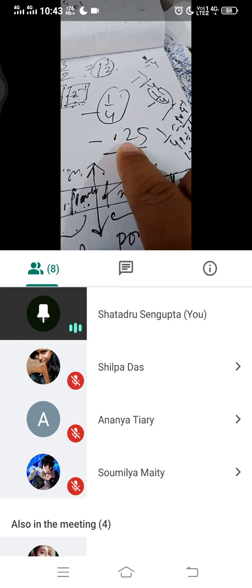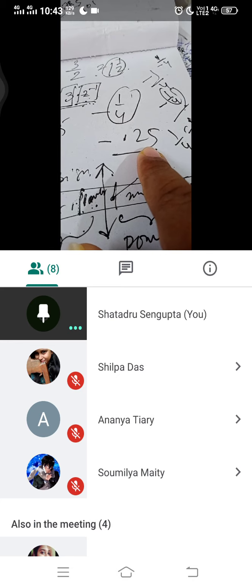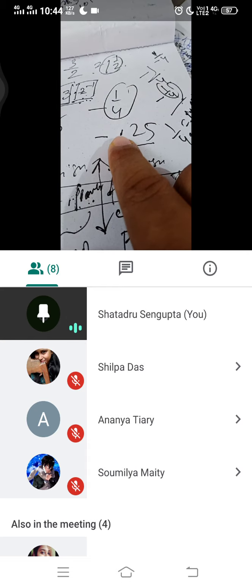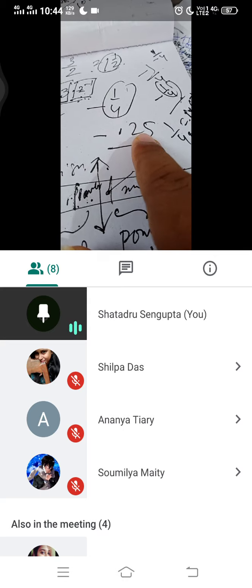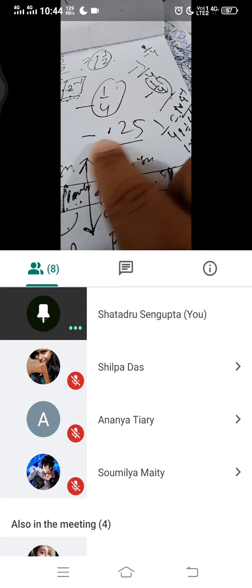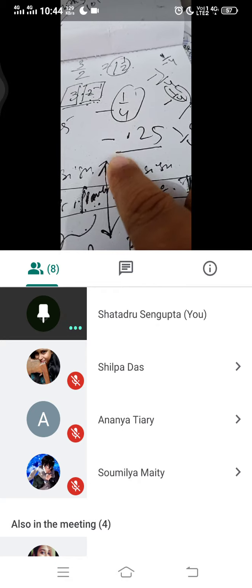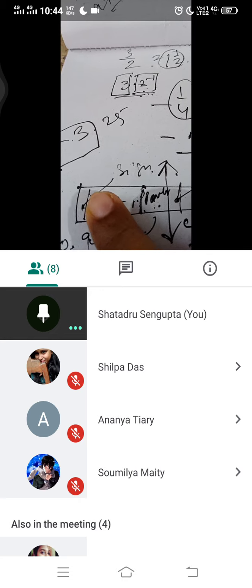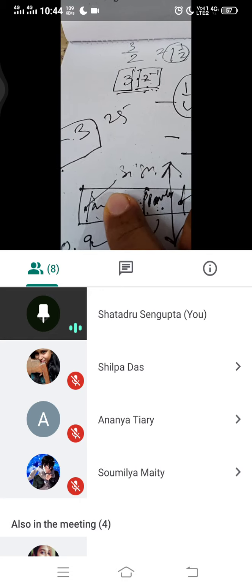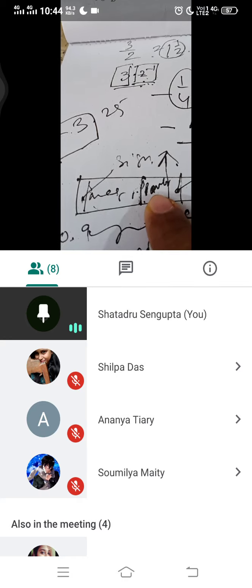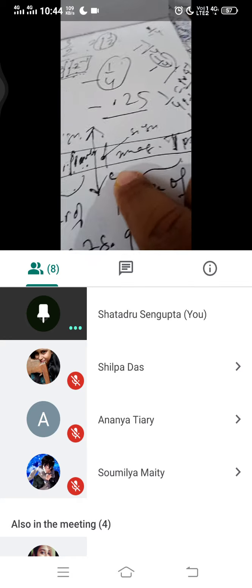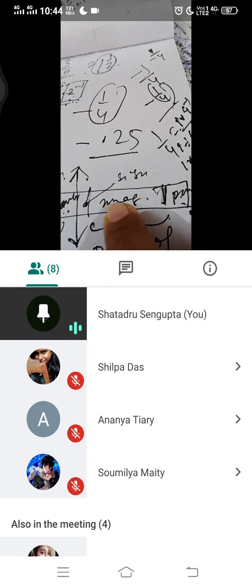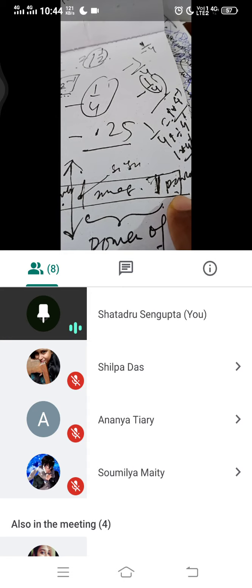For example, if you have minus 0.25, on the negative side, you are having 1/4. So this is minus 1/4. So that is why you have a representation like this, with integers representing sign, integers representing magnitude, integers representing the power of 10, and integers representing the decimal point.